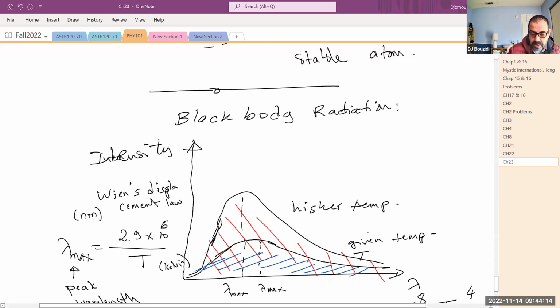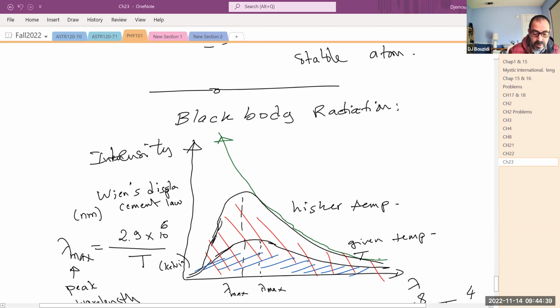The theoretical model matches the low frequencies, namely the long wavelengths, but then it starts to diverge for the shorter wavelengths. This goes to infinity as wavelengths become smaller and smaller. It doesn't peak at all. It continues to grow indefinitely. So this is what Rayleigh's explanation was.